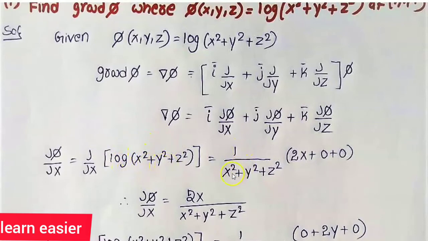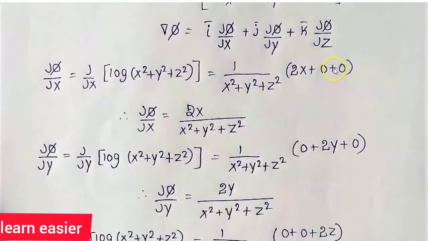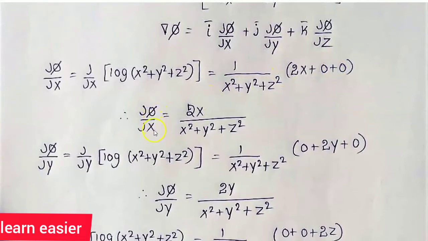So 1 by x squared plus y squared plus z squared, and we now have to differentiate this function. The derivative of x squared is 2x, and the derivatives of y squared and z squared are 0 because they are considered constant.